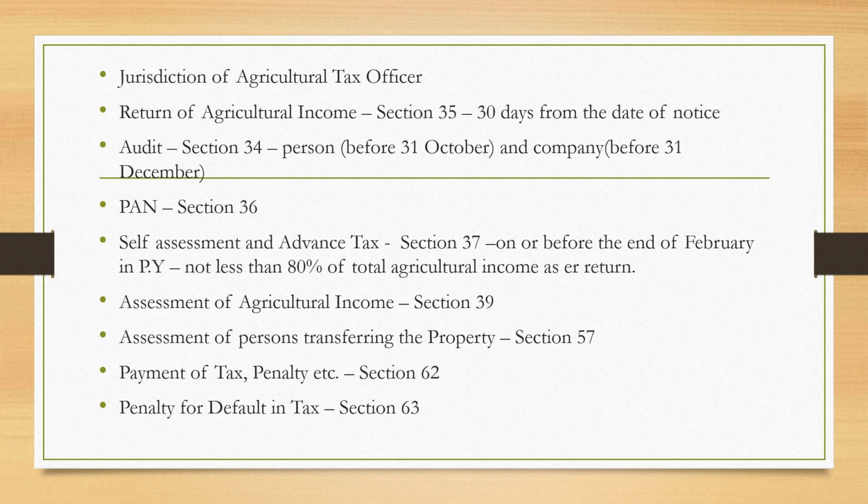Exception to assessee in default, the liability of default: where during the pendency of any proceeding under this act, any assessee creates a charge on or parts with the possession by way of sale, mortgage, exchange, or any other mode of transfer whatsoever of any of his assets in favor of any other person with the intention of evading payment of tax or some such other sum, such charge or transfer shall be void.